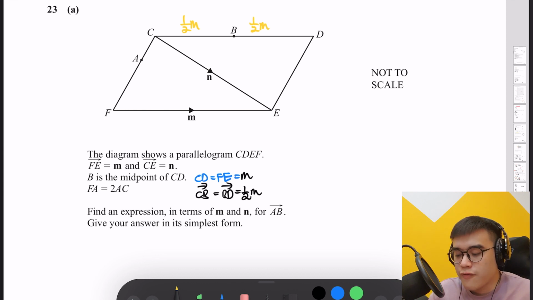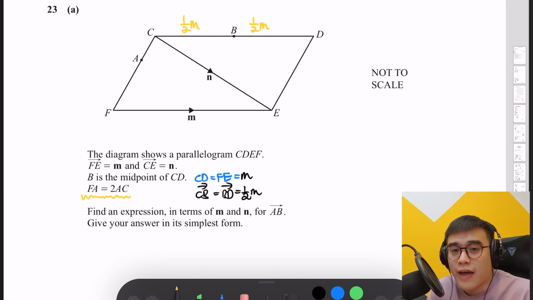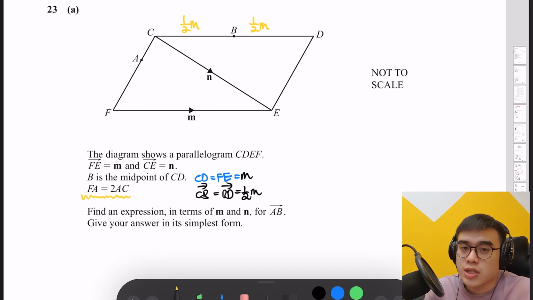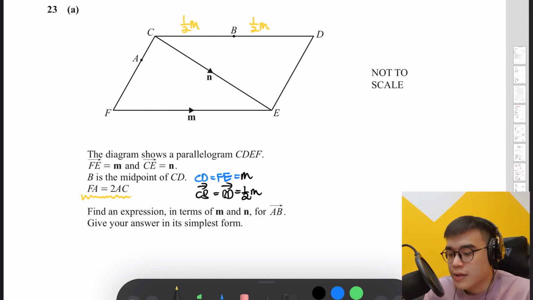With these two pieces of information, I can now look at FA equals 2AC. If I label my AC as x, my FA will be 2x. This is just a rough indication that AC is 1/3 of the entire FC, and FA is 2/3 of the entire thing.